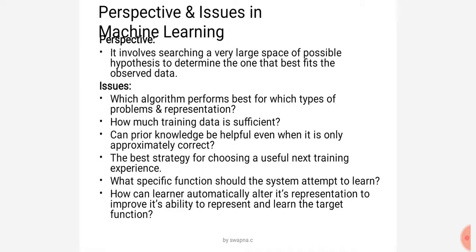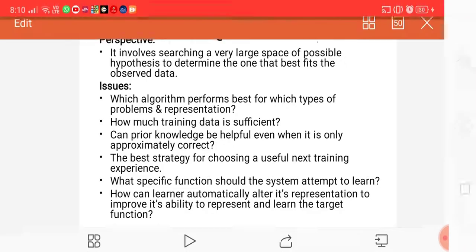So like that, which type of prior knowledge is required, technically as well as domain knowledge, and what is the best strategy for choosing the useful next training experience, and how can the learner automatically alter its representation to improve its ability. How can we change it automatically, that is also one issue. So these are the issues in machine learning algorithms.